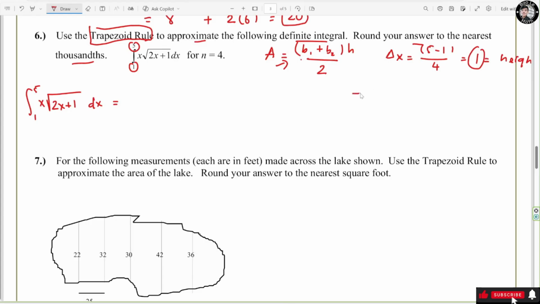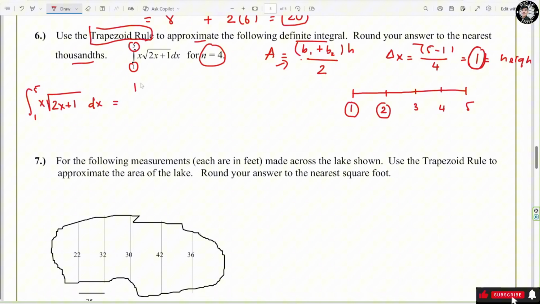Now we're going to draw the number line. This one is 1, this one is 5. You have 4 subintervals right here, and each subinterval has the width 1. So the first two bases are f of 1 and f of 2. You substitute 1 for s right here.